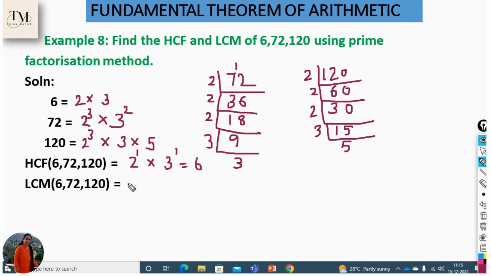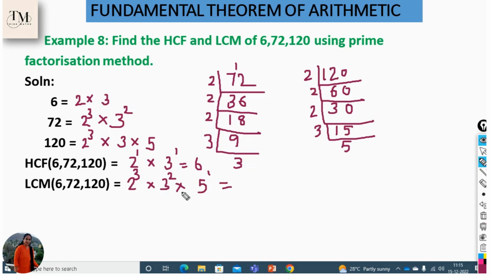LCM is nothing but the product of the greatest power of each prime factor. So the prime factors are 2, 3, 5. For 2 the greatest power is 3. For 3 the greatest power is 2. For 5 the greatest power is 1.